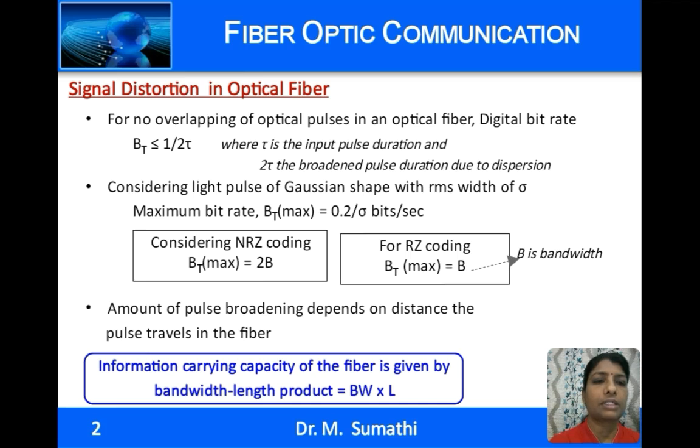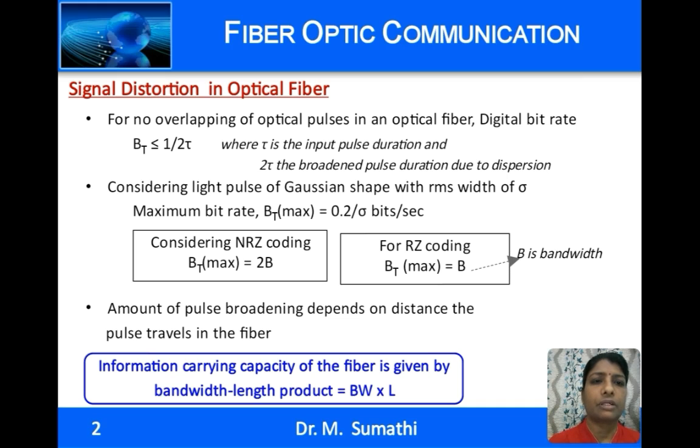But considering Gaussian pulses with RMS width of σ, where overlapping is permitted such that there is no SNR penalty, the maximum bit rate is given by 0.2/σ. For non-return to zero coding, the maximum bit rate is twice the bandwidth, and for return to zero coding it is equal to the bandwidth.